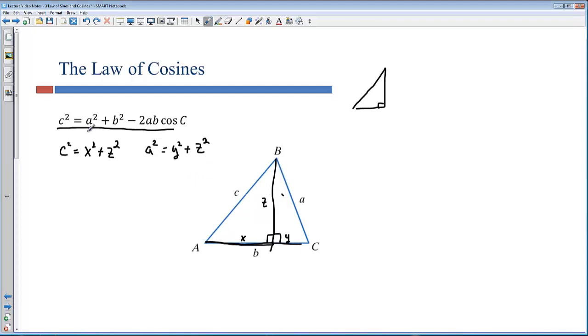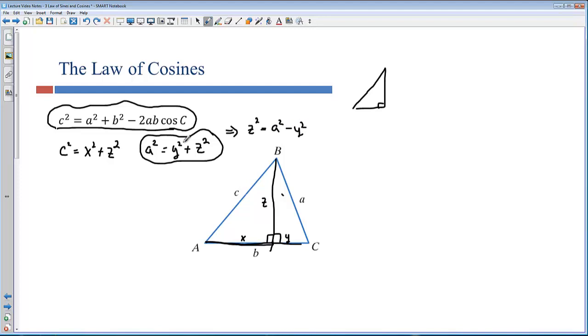Now, we know what the formula should look like, which you can find by experimenting with triangles. We can bring a squared into this equation by solving this one for z squared. So z squared is equal to a squared minus y squared.